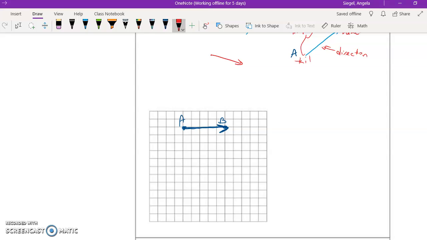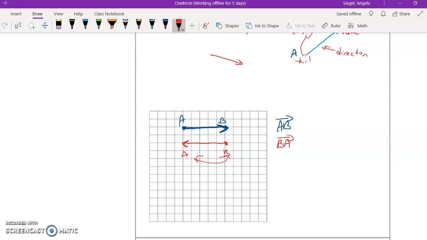It's different. If I put the arrow on this side, I'm still going to call this AB the way I read it left to right. The top one is AB, the bottom one is BA. Notice my arrow goes the same way, but I flip those letters.